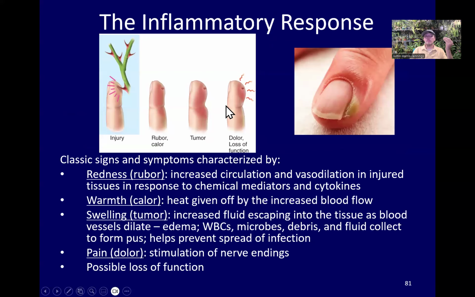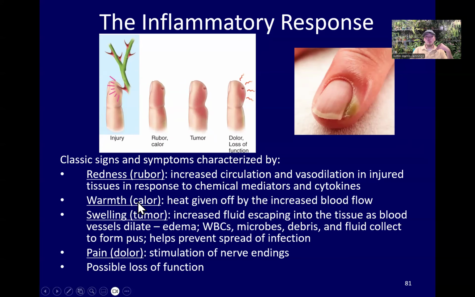With inflammation, you have redness, warmth or temperature increase, swelling, and pain. These are four characteristics of inflammation. I believe there's a fifth, but I can't remember what it is. Redness is increased circulation and blood flow, increased nutrients, sugar and oxygen within that tissue.